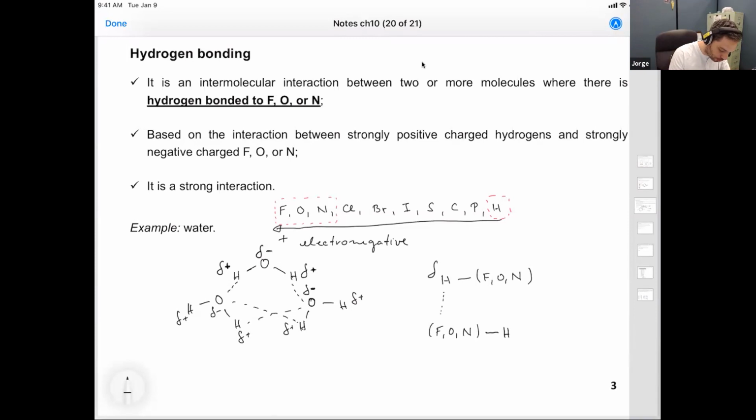Okay, so here we have a very strong positive pole interacting with a very strong negative pole. This has to be clear. First, hydrogen needs to be bonded to fluorine, oxygen, or nitrogen, and this hydrogen will interact with fluorine, oxygen, or nitrogen from another molecule that has to be bonded to hydrogen. And this is the hydrogen bonding, a strong interaction.